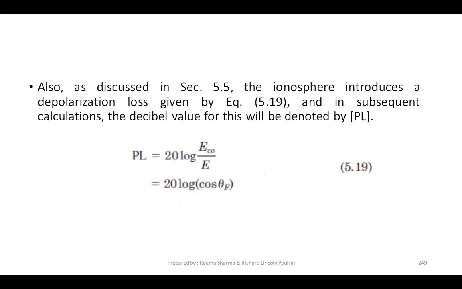The ionosphere introduces a depolarization loss, and it's given by this equation. The ionosphere plays a very important role because that's where you find all these charged electrons. Our beams have to pass through the ionosphere and hit the satellite, and while coming down they have to pass through the ionosphere again. So the combination of these electrons plays a very important role.